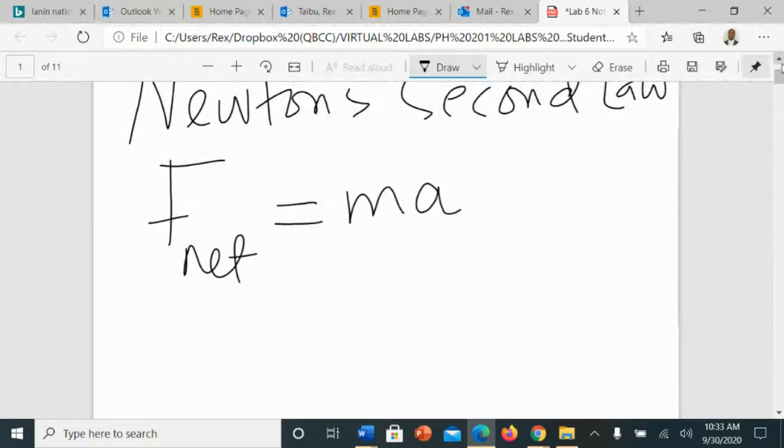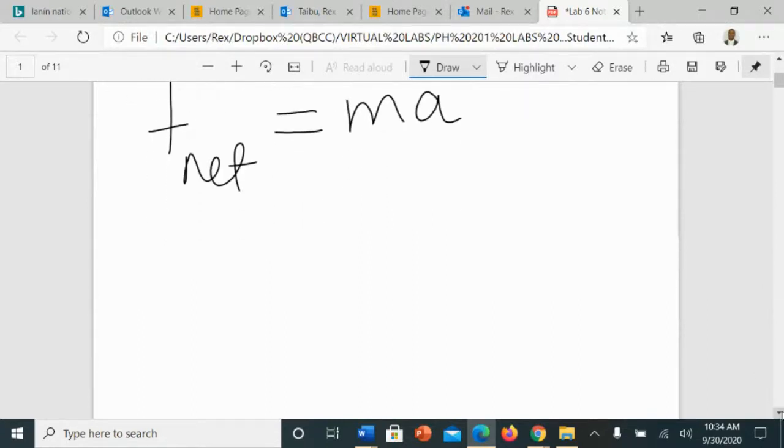As we try to study this, we are in the realm of dynamics. In other areas like kinematics, we try to describe motion, using terms like speed, velocity, acceleration, etc. But when you go to dynamics, we look at the forces. So F net equals mass times acceleration.